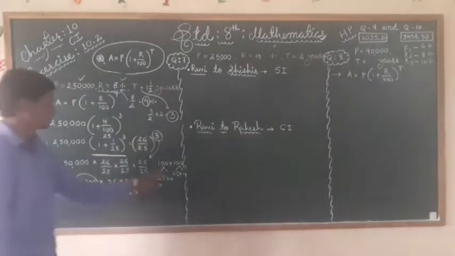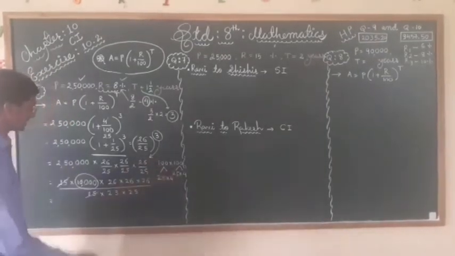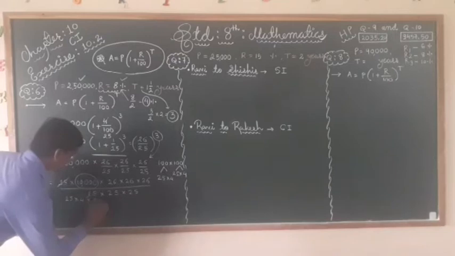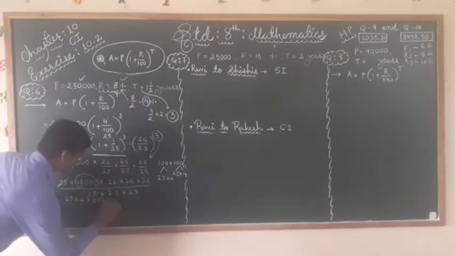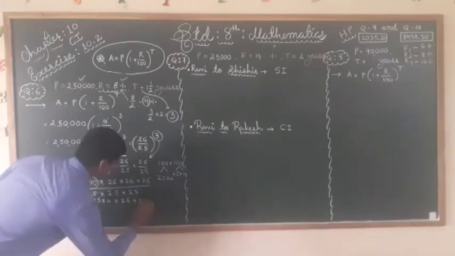Are you getting me? I am making it simple right now so we can do multiplication easily. So here 25 multiplied by 4, 25 multiplied by 4 into 26, 26, 26.